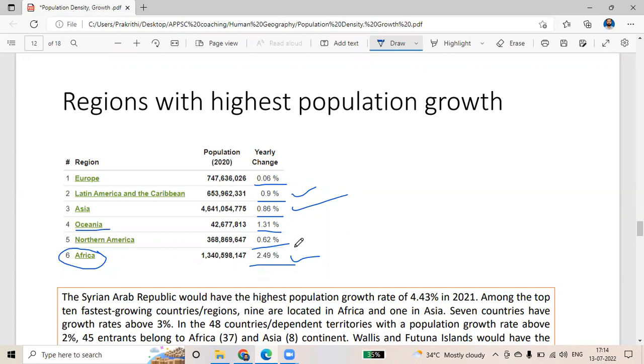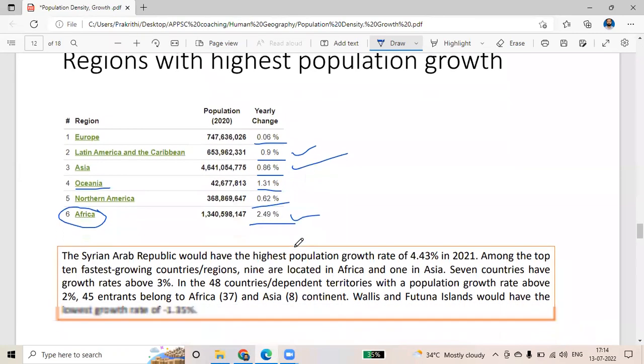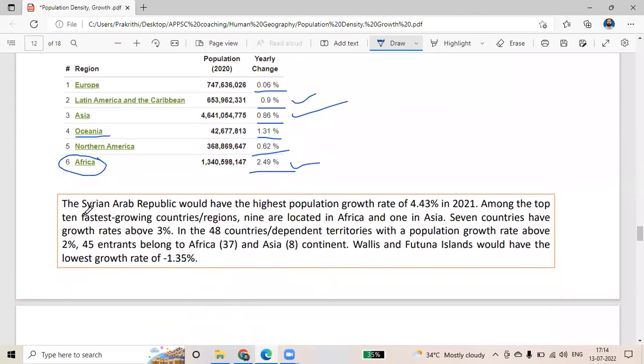The highest population growth rate is seen in the Syrian Arab Republic. That is in Africa actually. That is almost 4.4% in 2021. This is also World Bank data. So it is almost above 4%.